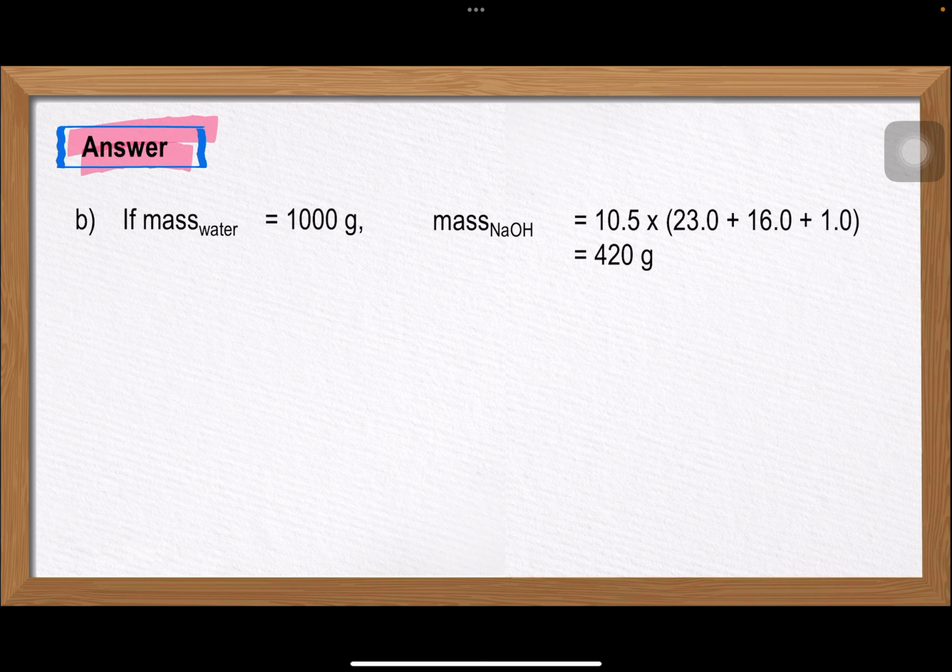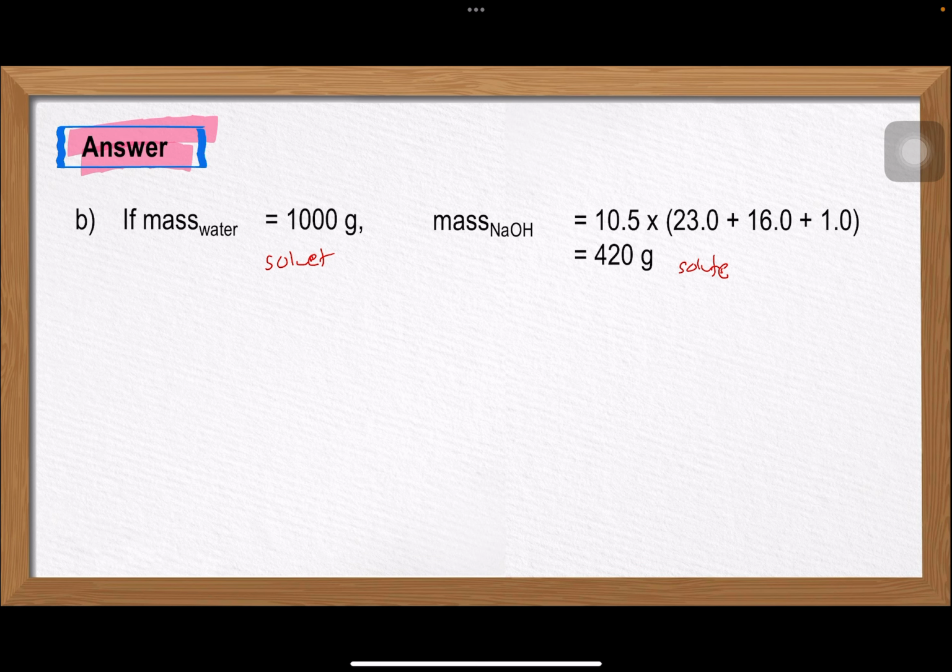And then percentage by mass. So mass of the water is 1000 gram. Mass NaOH, change the mol to mass, mol times molar mass, we will get the mass of the solute. So mass of the solution is summation of mass of solvent and solute.